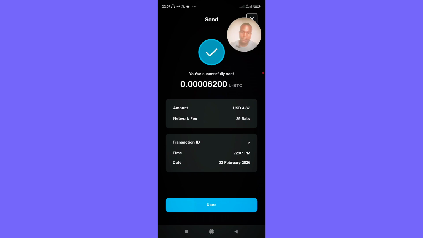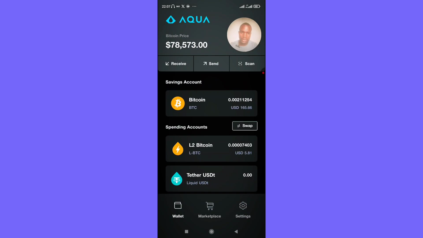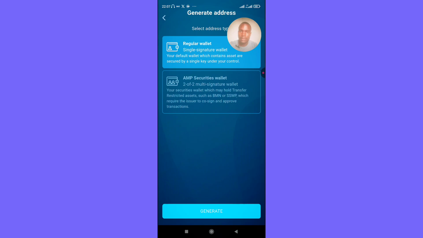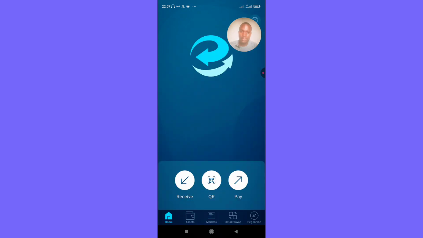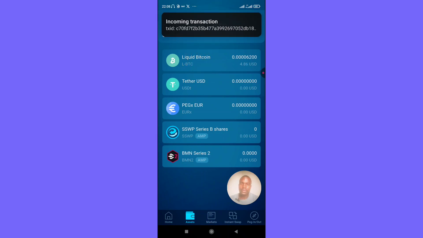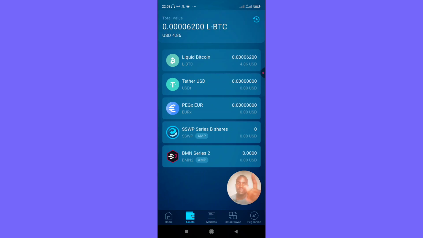Let me see if it's showing on the other side. We give it some time. Okay, now you can see under my assets I've already received the Liquid Bitcoin. So it's super fast to interact with this one, and only paying 2 cents.